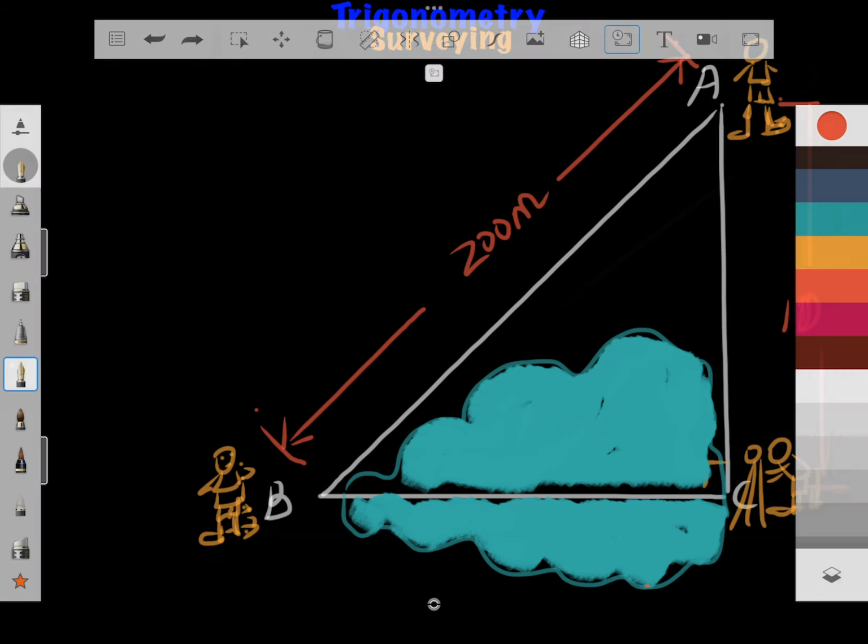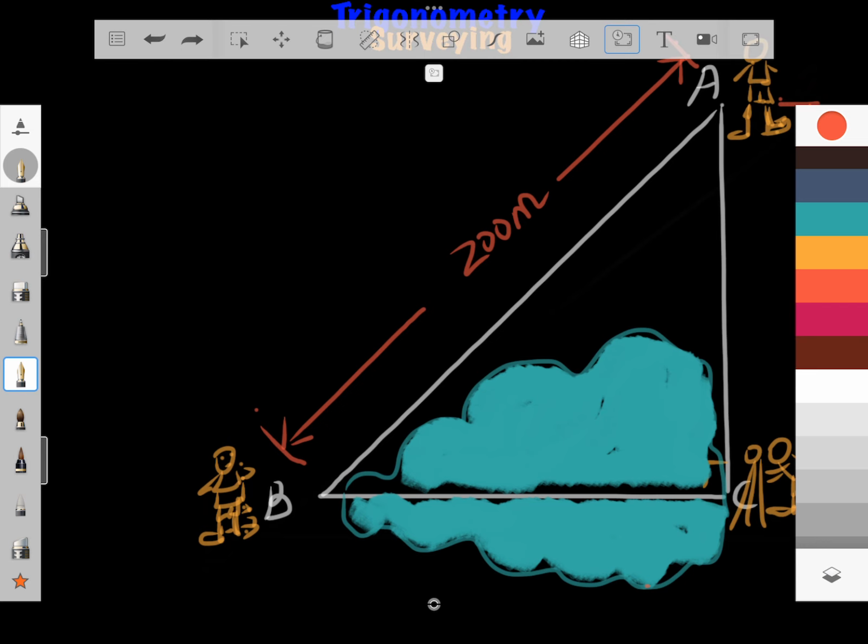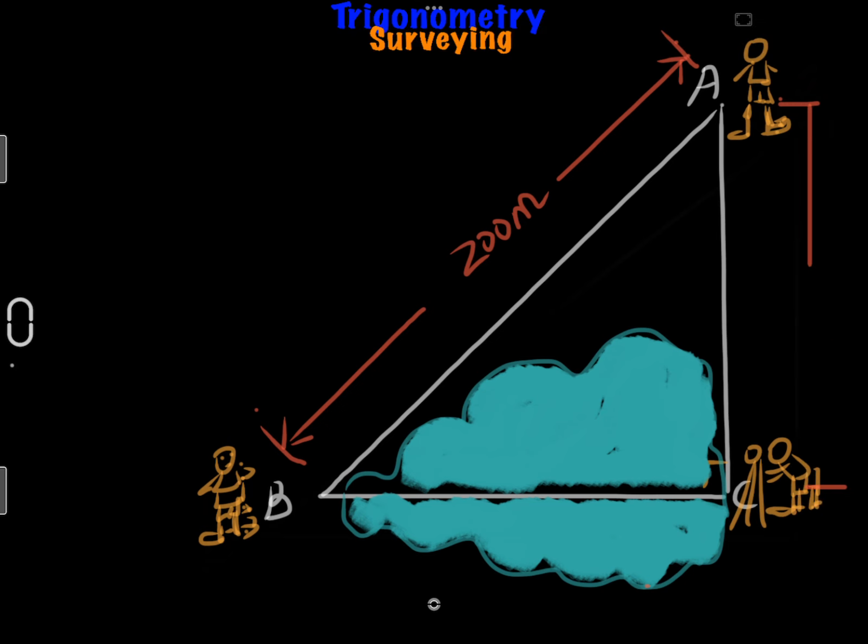We have 100 meters, a distance of 100 meters from angle A to angle C. There you go. Okay, now we are given this information.